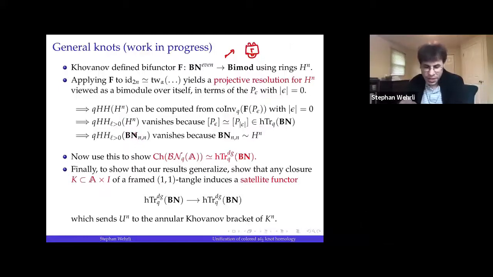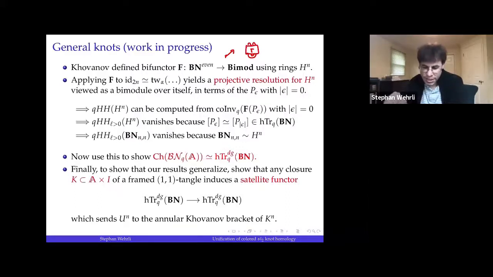So we believe that we can use this to prove that if you take the quantum horizontal trace, so if you go to the quantum annular Bar-Natan category and look at chain complexes, then it becomes equivalent to some DG version of the horizontal trace of BN_n. This DG version was defined by Eugene Gorsky, Paul Wedrich, and Matt Hogancamp.